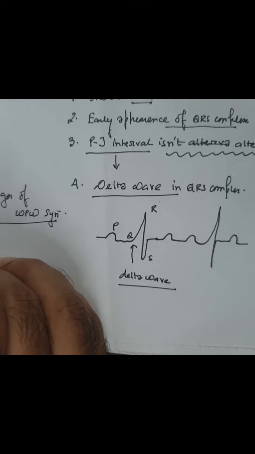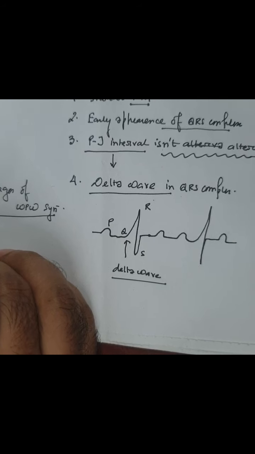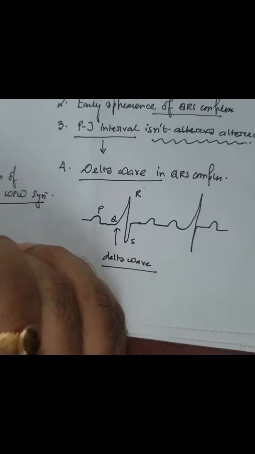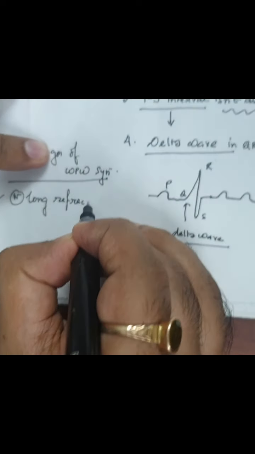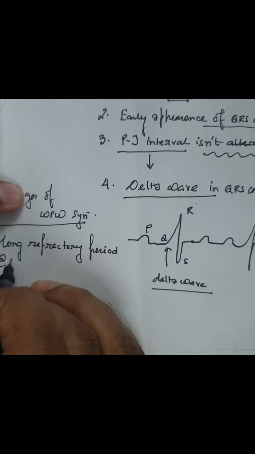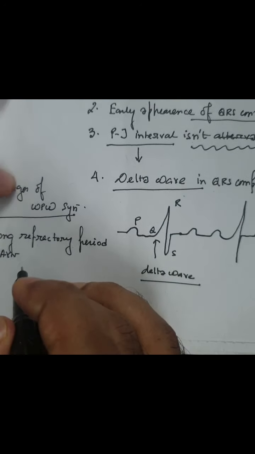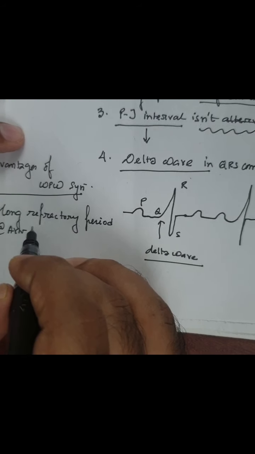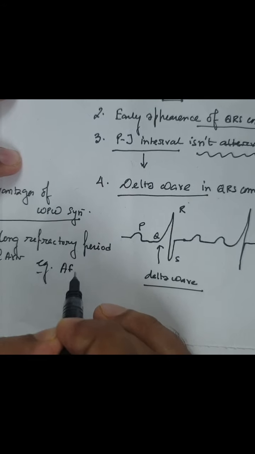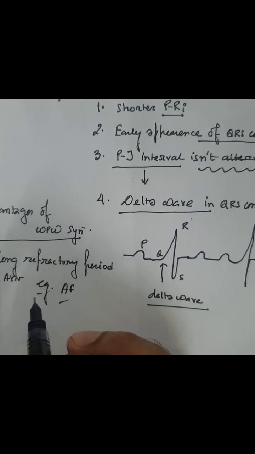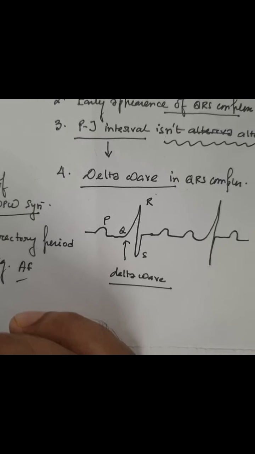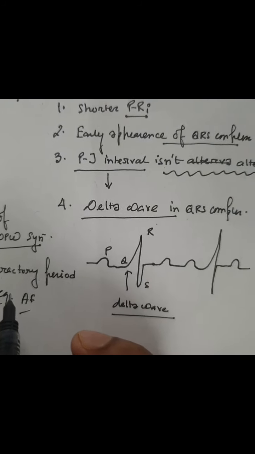Remember, the normal long refractory period at the AV node protects the ventricles from a high rate of atrial contraction, like in case of atrial fibrillation. So if the atrial contraction rate is high, the ventricular muscles still get the normal rate of contraction.